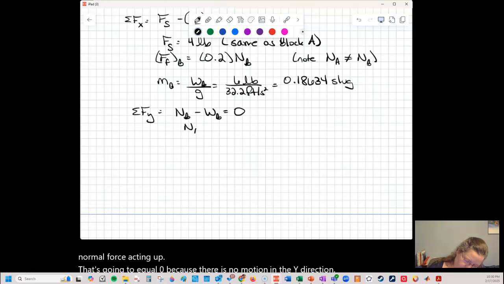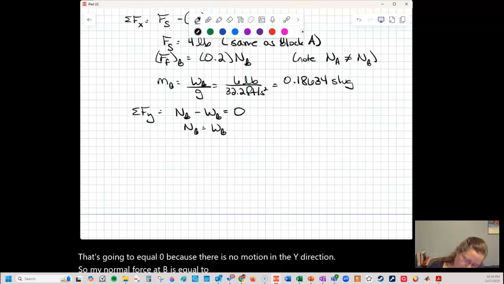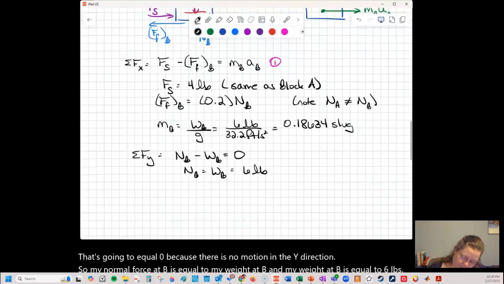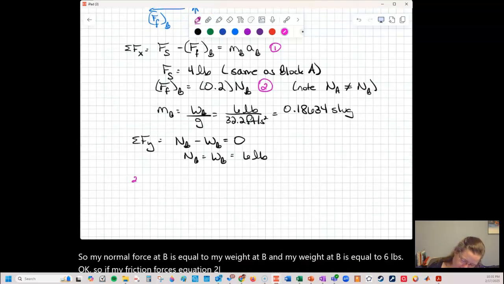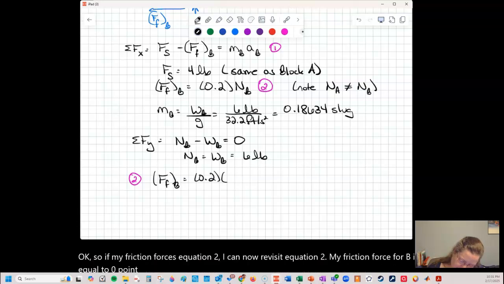So my normal force at B is equal to my weight at B, and my weight at B is equal to 6 pounds. Okay, so if my friction force is equation 2, I can now revisit equation 2. My friction force for B is equal to 0.2 times 6 pounds, or 1.2 pounds.